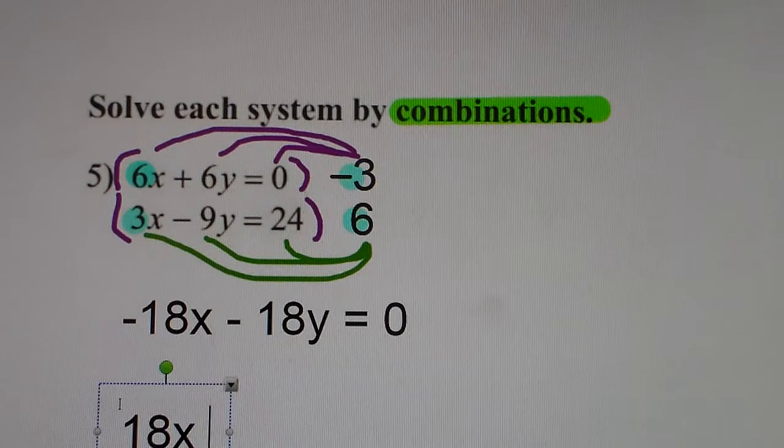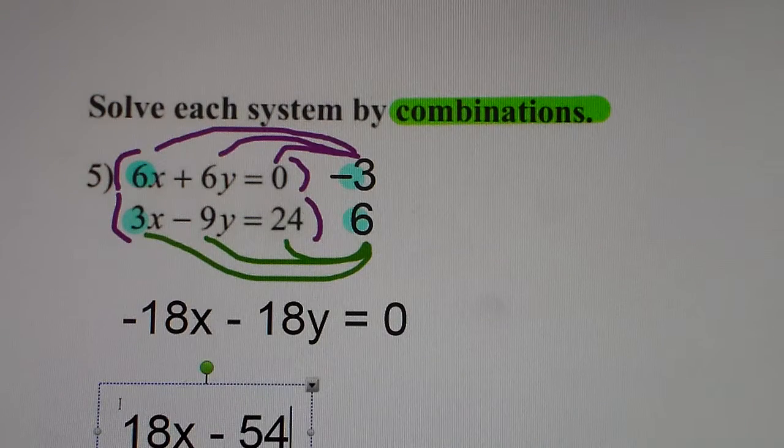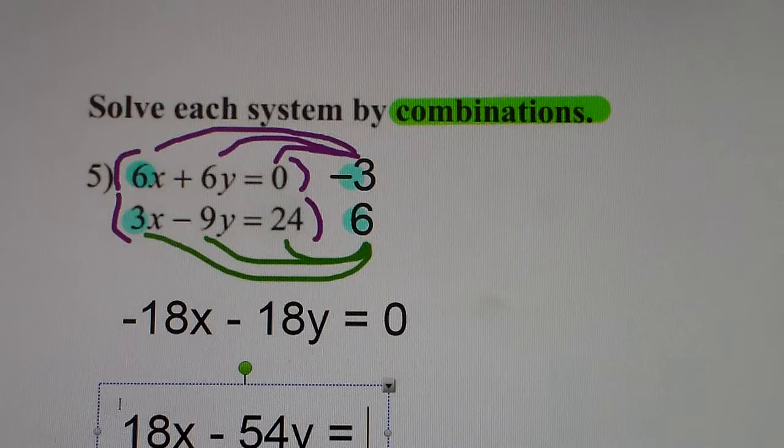Negative 9 times 6 gets you negative 54y. And then 24 times 6. That gets a little high, but we can still do it. 25, 4 times 25 is 100, 150, 150 minus 6, 146.